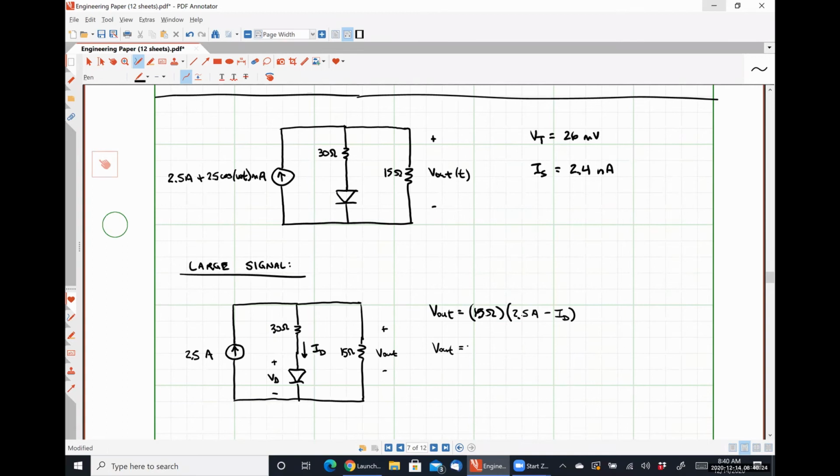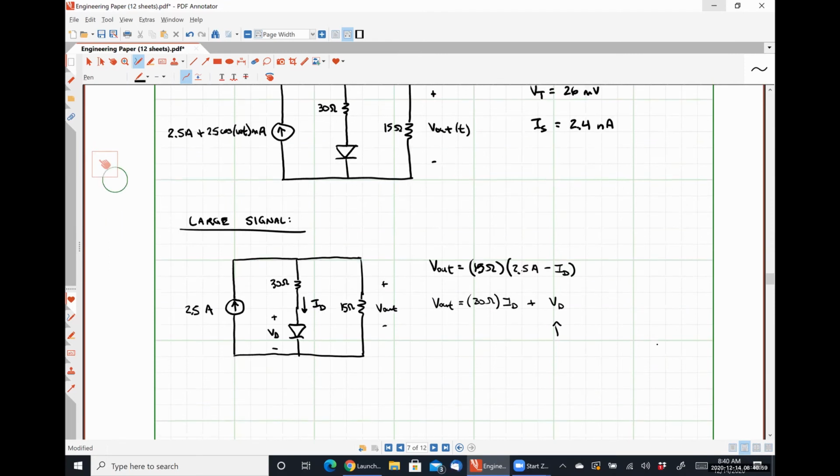Our other relationship for V out is going to come from this middle branch, right? So V out would be the voltage drop over the 30 ohm resistor, which is just 30 times ID, plus our voltage here, VD, where VD is VT natural log of ID over IS.